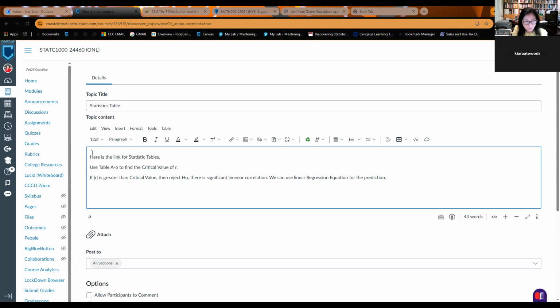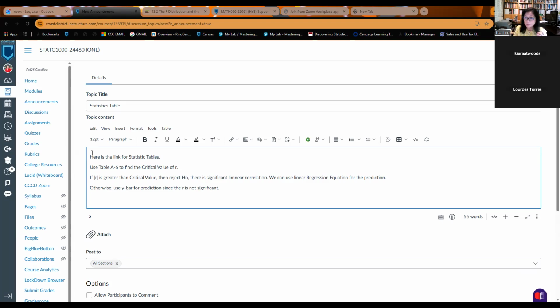Otherwise, use the Y bar for prediction, since the R is not significant.